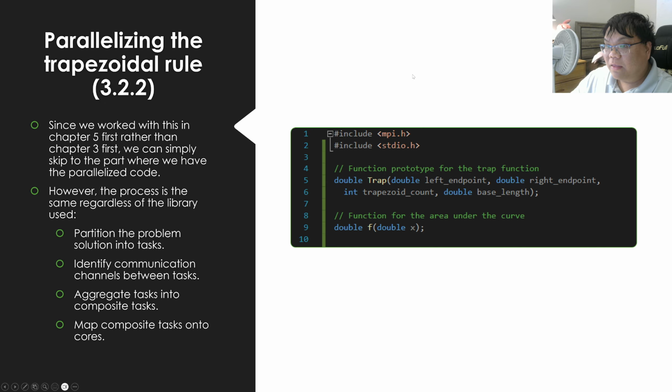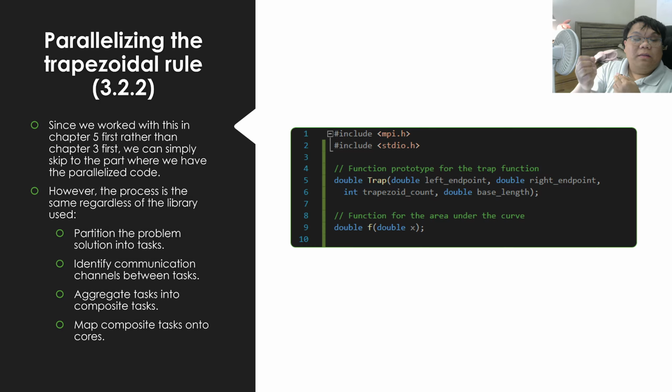The requirements of what we're doing are going to be the same anyway. We have to define a program that contains this trap function as well as another function that defines our function f of x. That trap function has to do the following work.